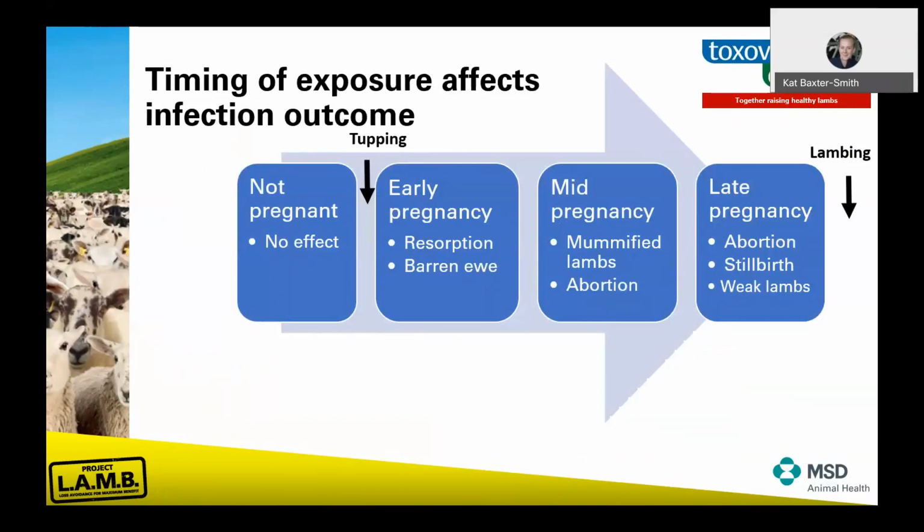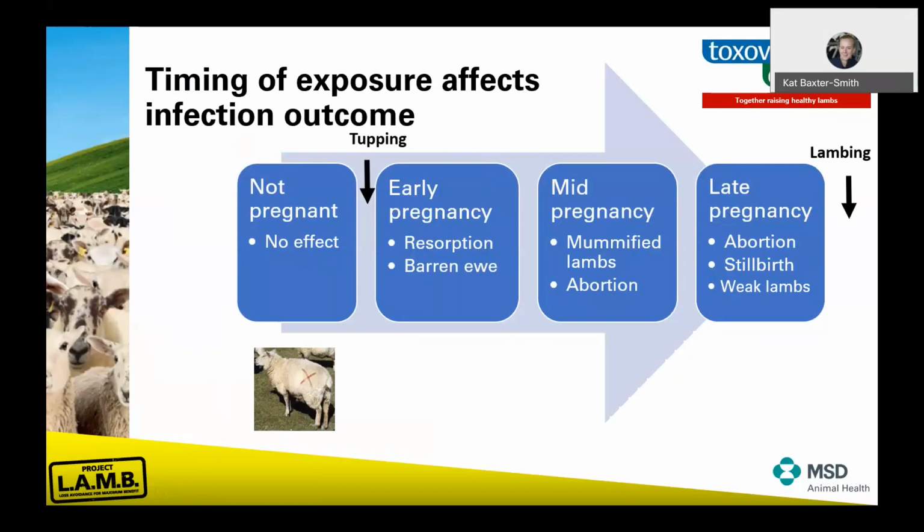What's interesting about toxo is the timing of exposure affects the outcome. So if they're not pregnant and they get infected, that's okay. Actually, nothing will happen, and the ewe is likely to also become immune. So that's nice if that can occur.